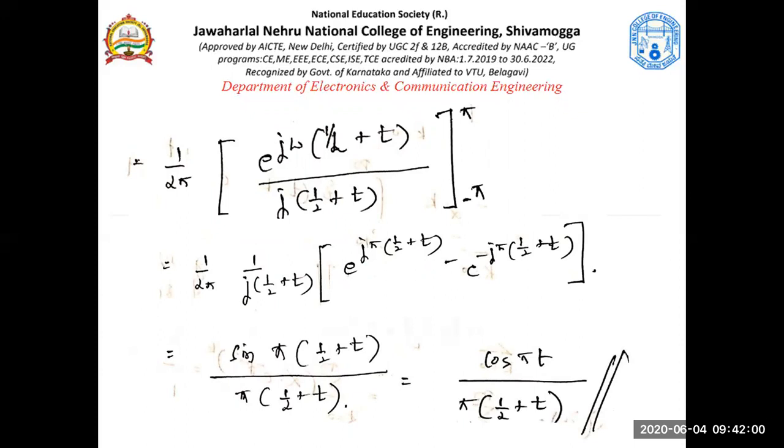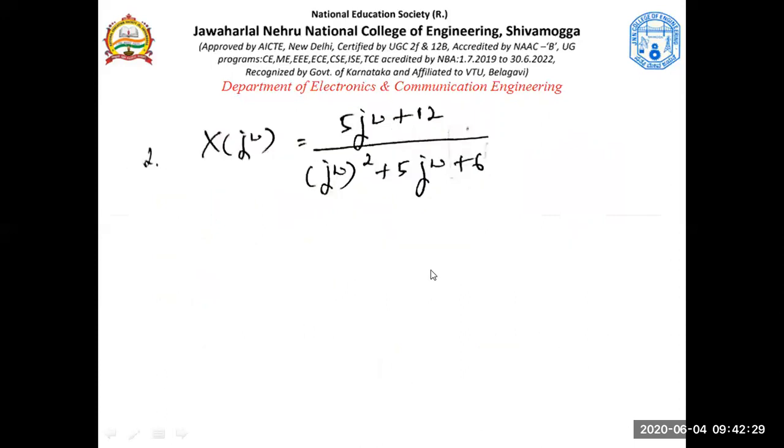How do we say this is x of t and not x of j omega? Seeing this t, there is no omega at all here, so this is not a frequency domain signal. It is the time domain signal obtained by applying the inverse Fourier transform to the frequency domain signal. This is how we solve the problem.